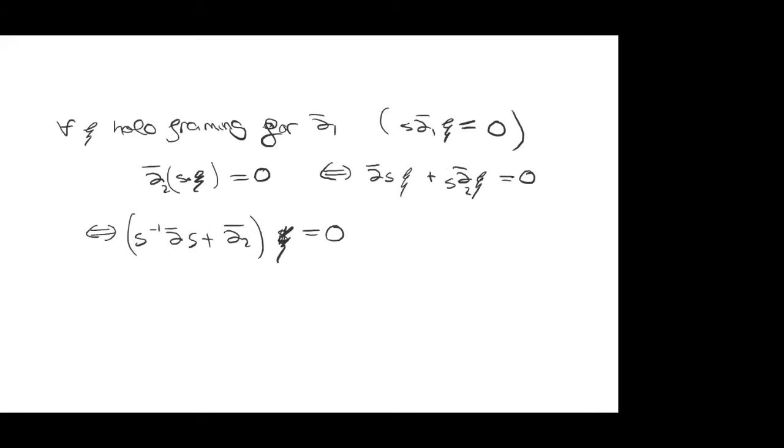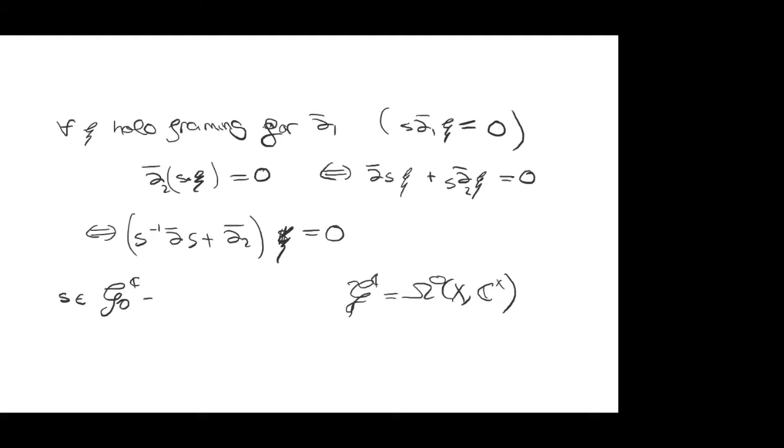Well, suppose now that S belongs to the connected component of the gauge group. So the gauge group are just the maps from X to C star. This is the complex gauge group.